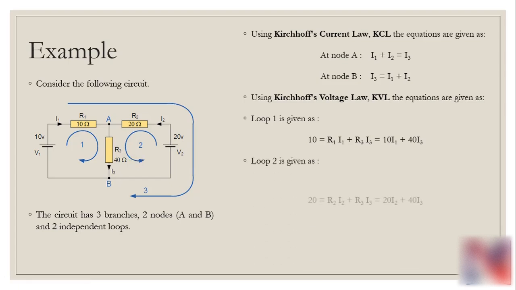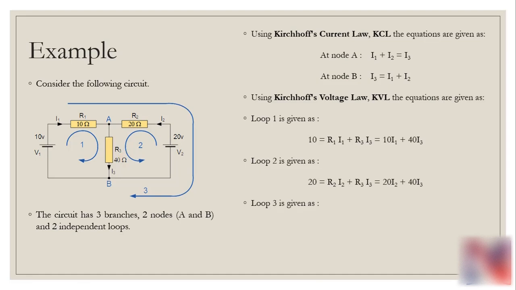For the loop 2, we have 20 is equal to R2 I2 plus I3 R3. So it can be written as 20 is equal to 20 I2 plus 40 I3. Here 20 is the value of R2 while 40 is the value of R3.